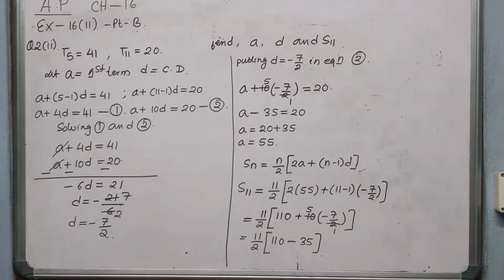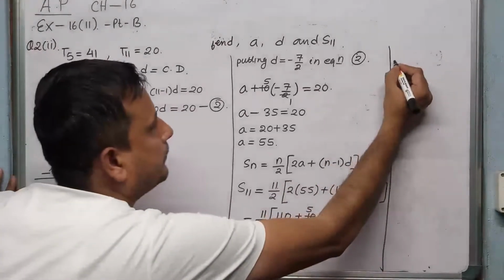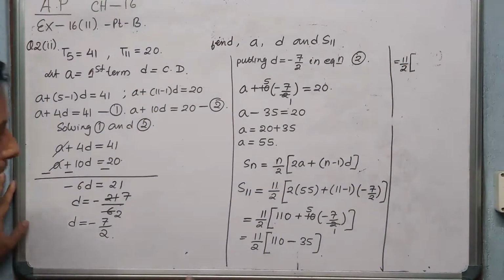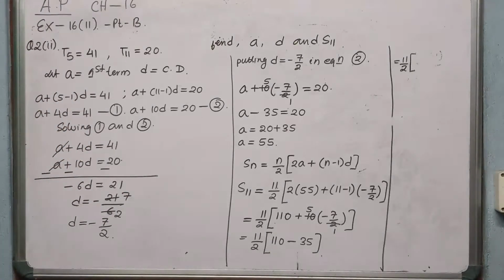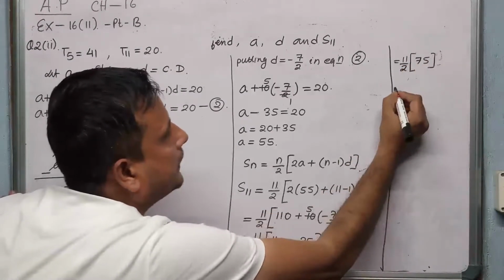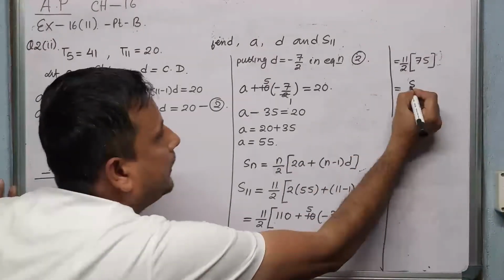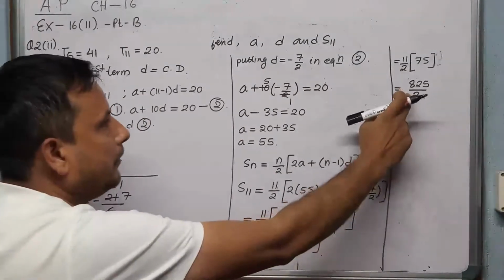Now 110 minus 35 is 75. 75 into 11, you get 825. 825 by 2. Now the sum of the 11 terms is 825 by 2.